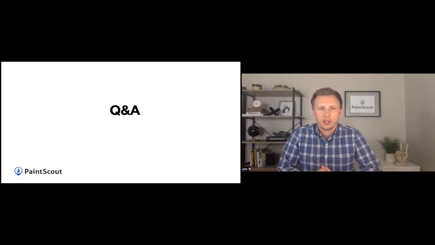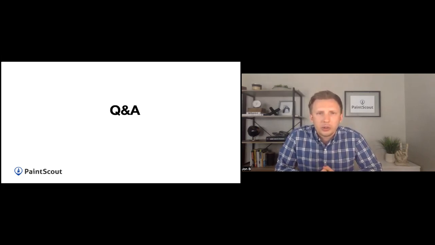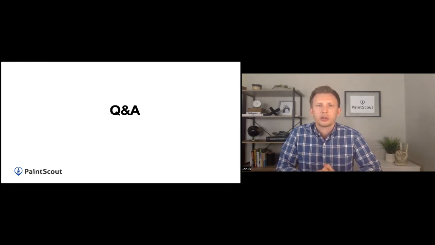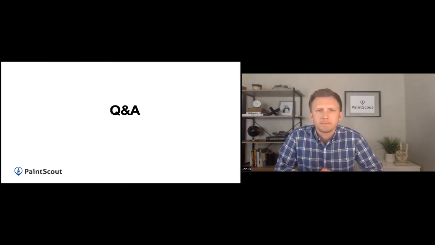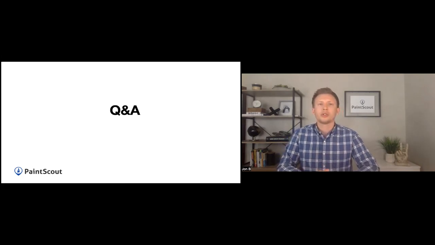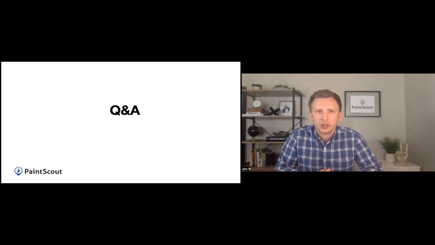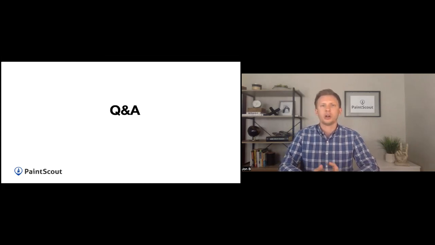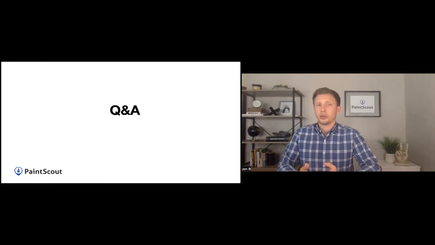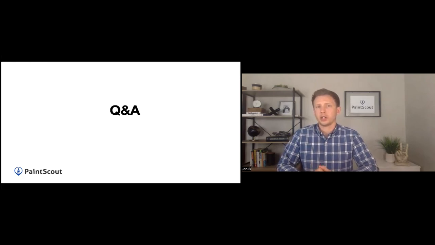All right, question from Gigi. How do you do location-based PDR rate in a large metro city like Chicago, which is more expensive? If I understand the question correctly, if you are using a production rate in a large city like Chicago, you need to go through this system and make sure that your hourly rate is reflective of the labor that you're paying and the costs that you have.